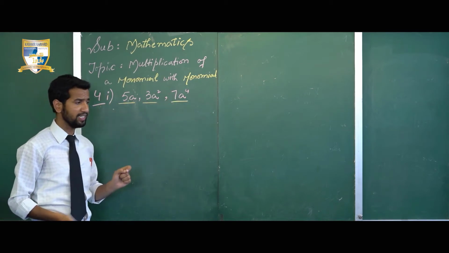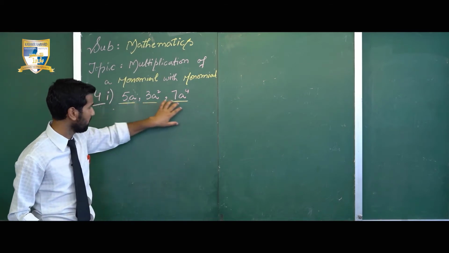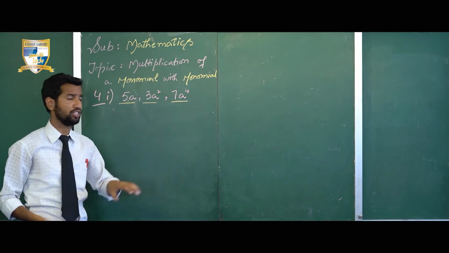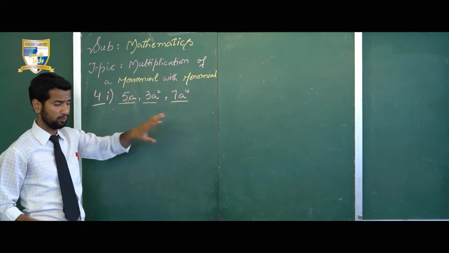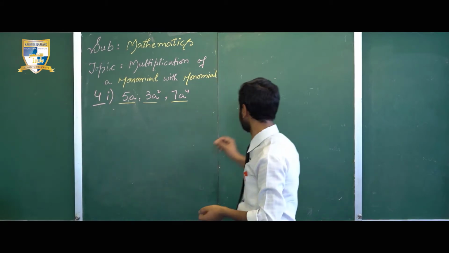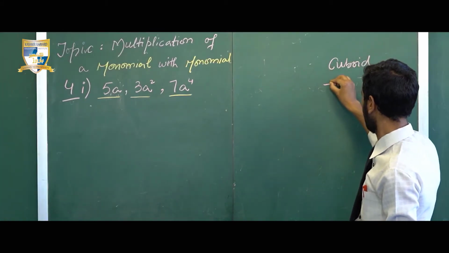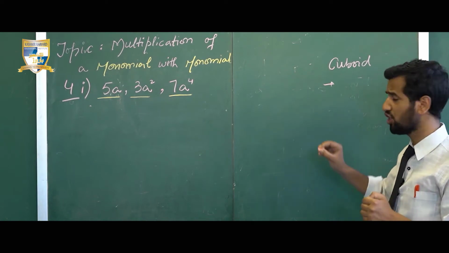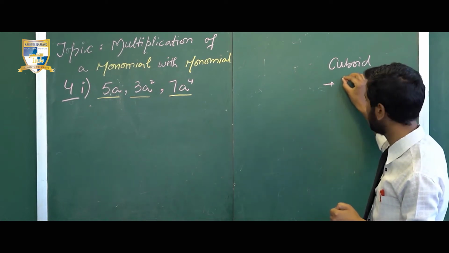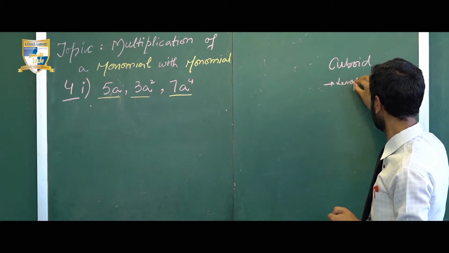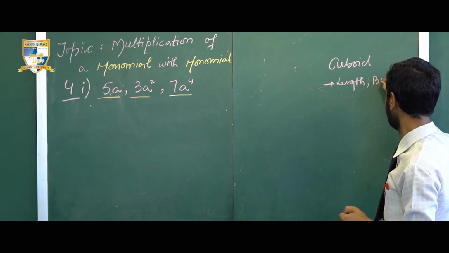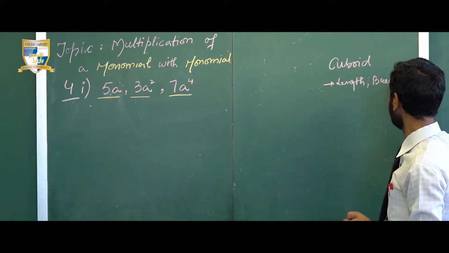Now the question is that these three monomials are the three dimensions of a cuboid. What is a cuboid? A cuboid is a three-dimensional object. Three-dimensional means it has length, it has breadth, and it has height.